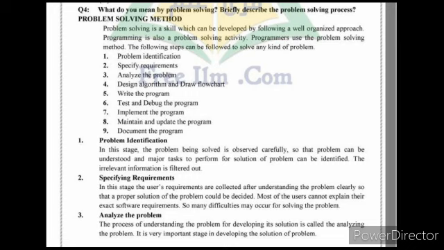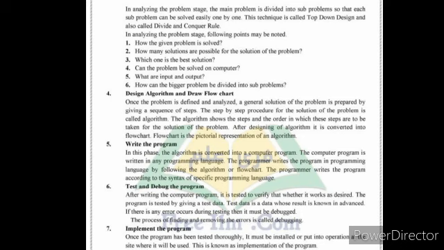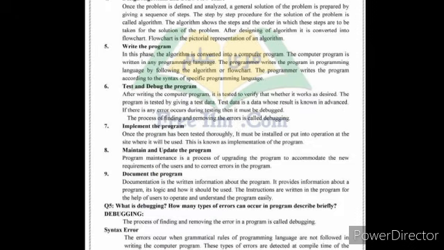Next question is what is debugging? How many types of errors can occur in a program? Describe briefly.